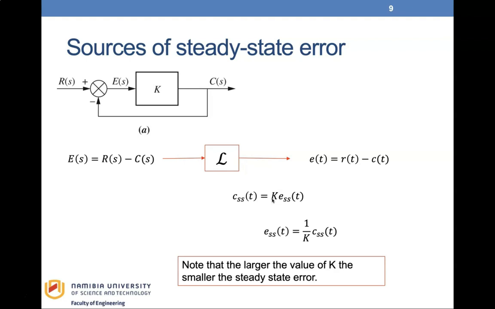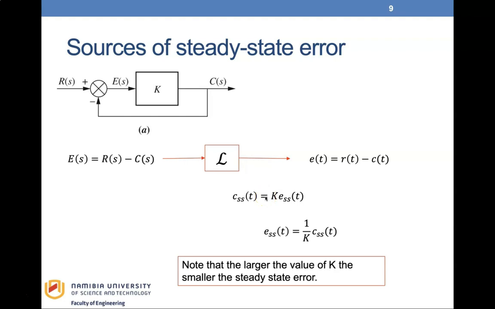Therefore, the larger the value of K, the smaller the steady state error. Our conclusion, therefore, is that with a pure gain in the feed-forward path, there will always be a steady state error for a step input. This error diminishes with increasing value of K, and we'll come back to this later.